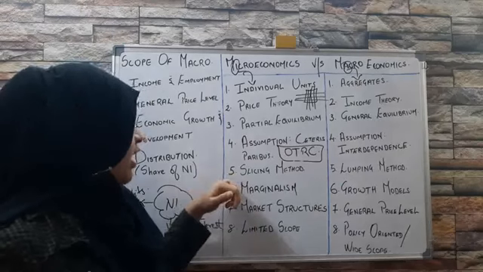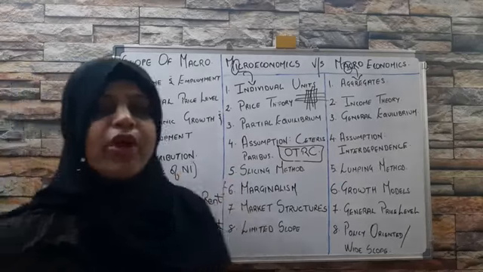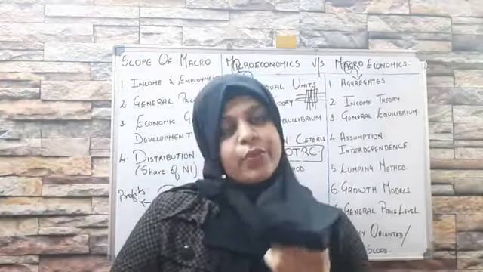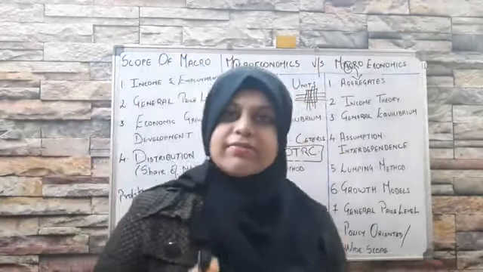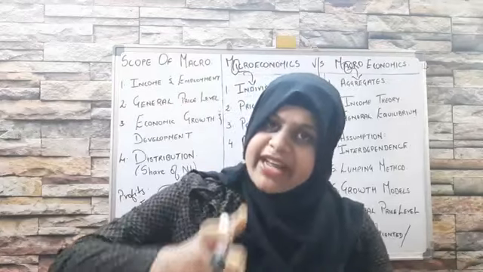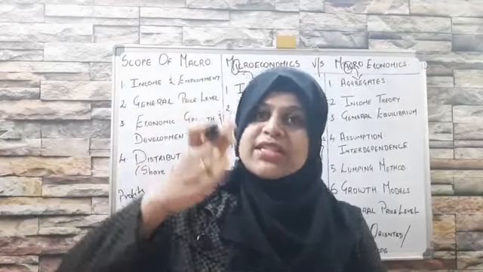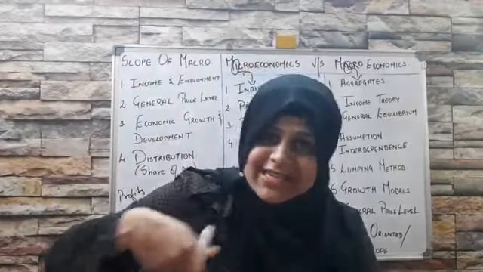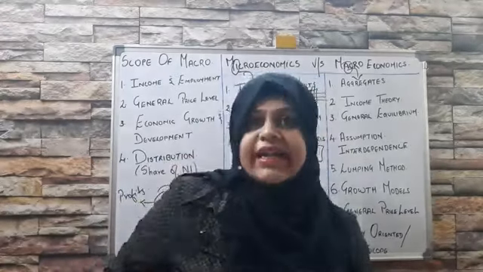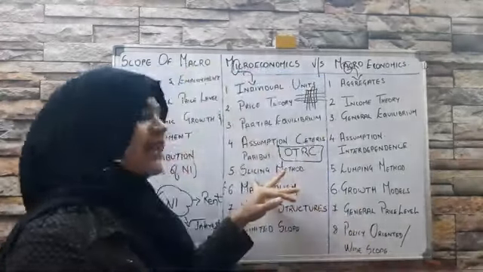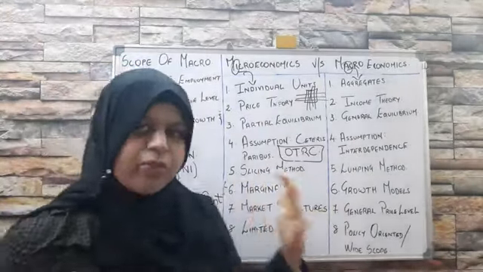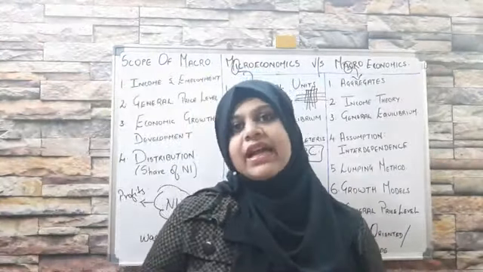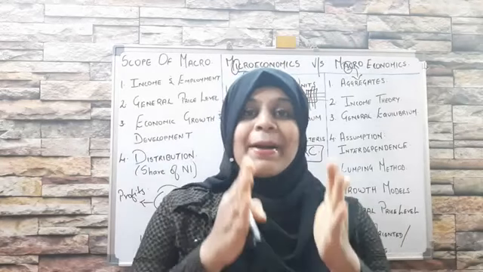Next one, the fifth point, slicing method. Very simple. You can link it with the first point. Because microeconomics is dividing the economy into small parts, it is slicing it up, cutting it up. That is why it is using the slicing method. I hope you remember the tree example that I gave you in the previous class.